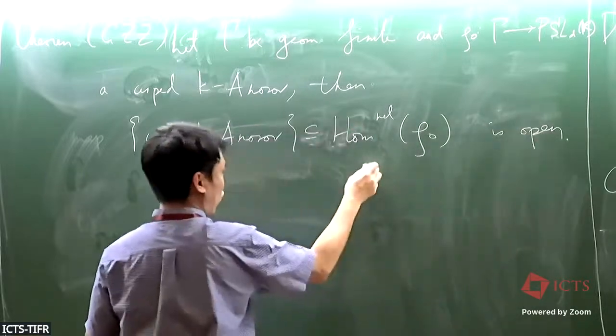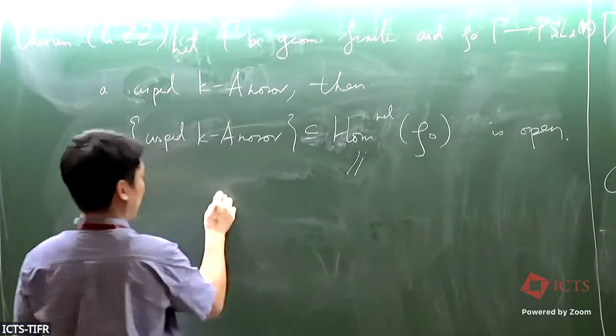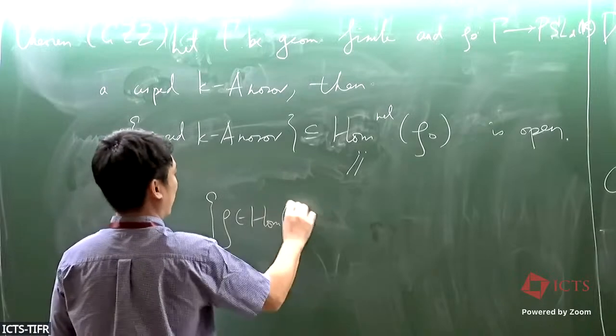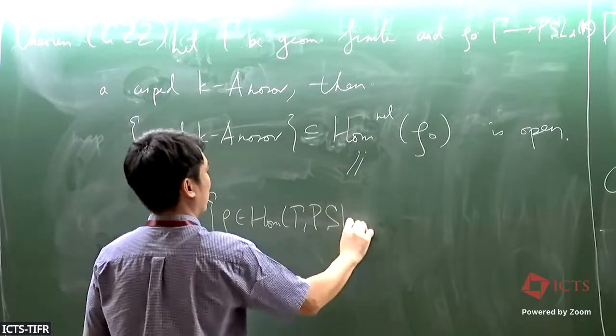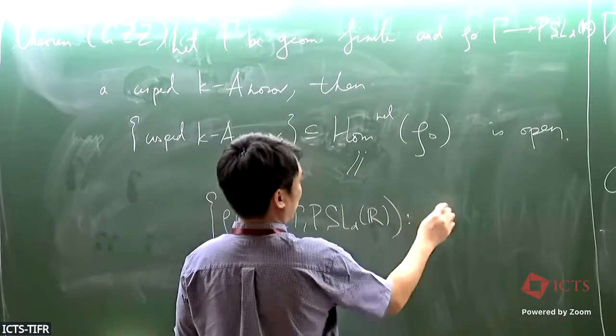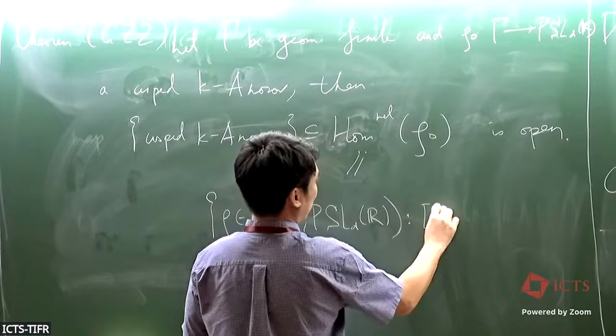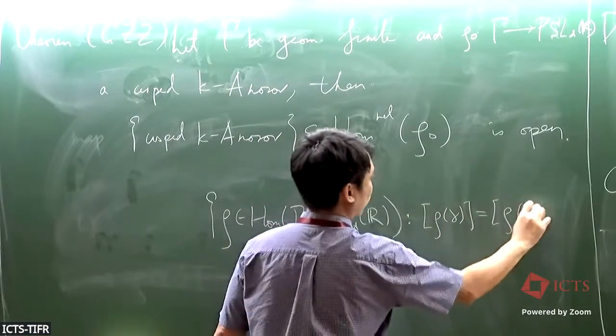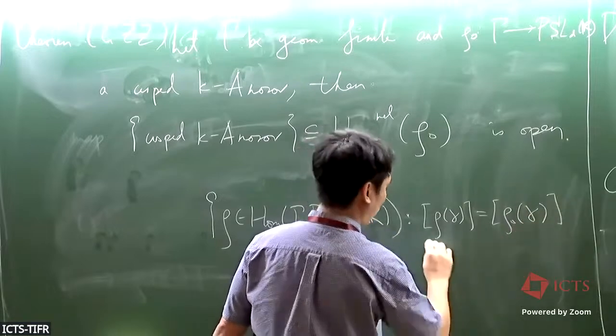And what is this Hom, Rel, rho naught? This is the set of rho in Hom of gamma to PSL d R such that the conjugacy class of rho of gamma is equal to the conjugacy class of rho naught of gamma for all peripheral gamma.